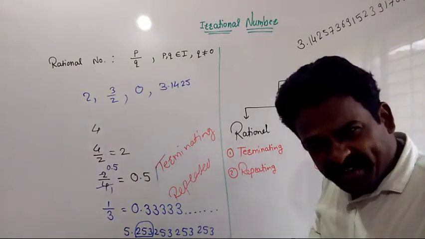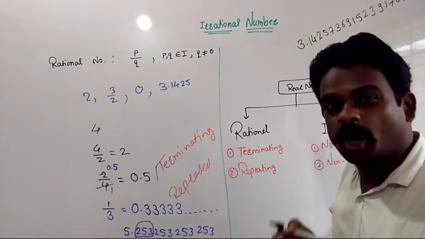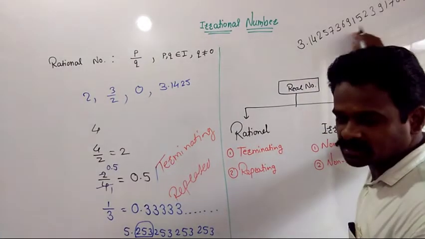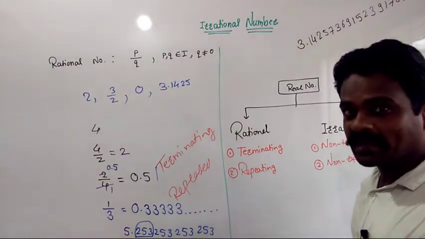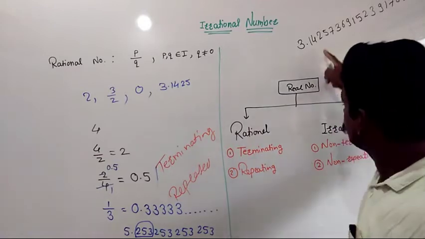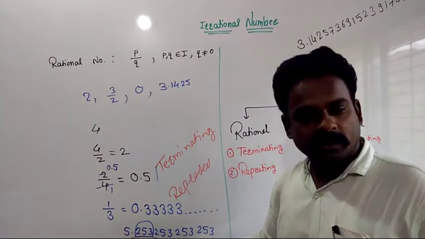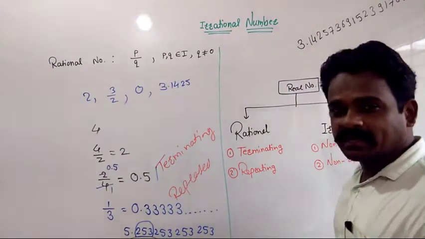There is no fixed pattern in the fraction. That means no single digit or group of digits repeats after the decimal point. That type of number is an irrational number. We can't write an irrational number in a repeated way.